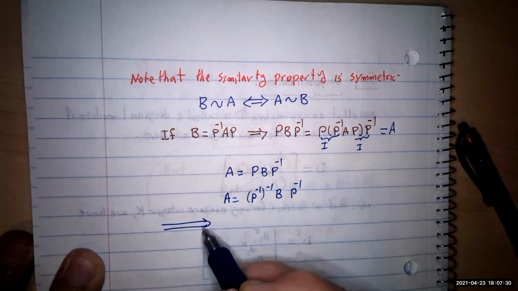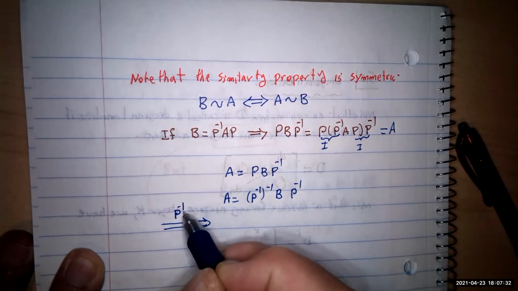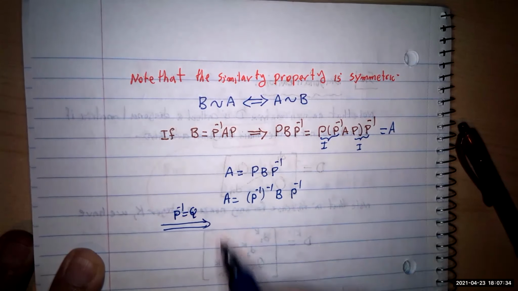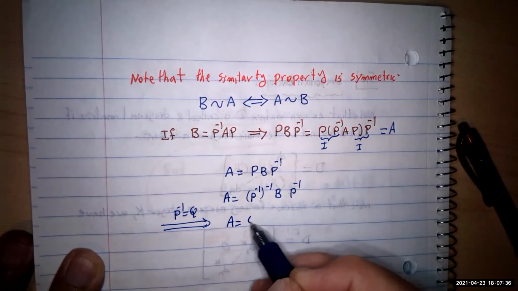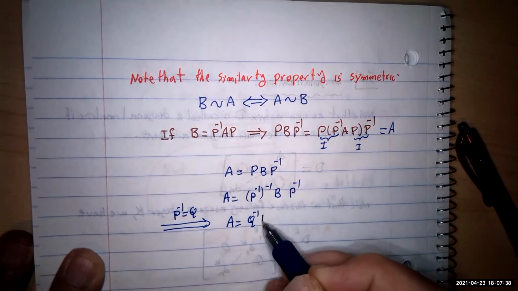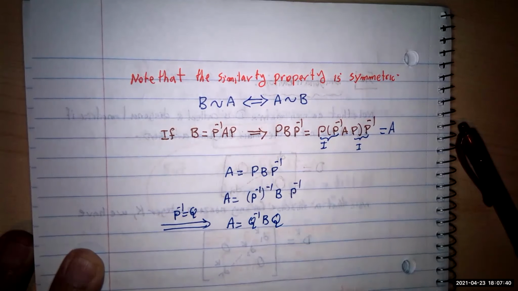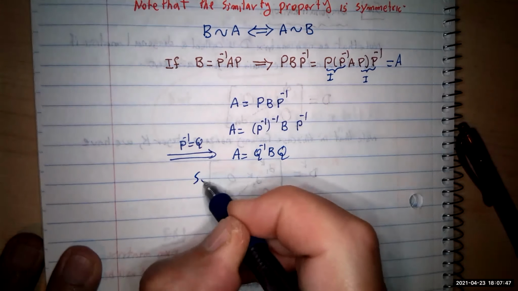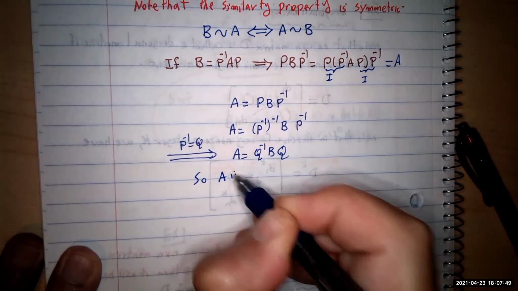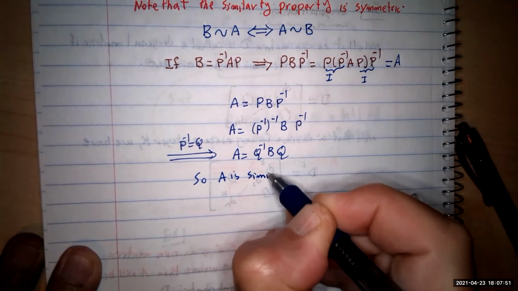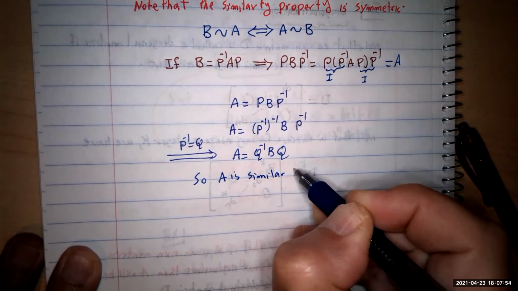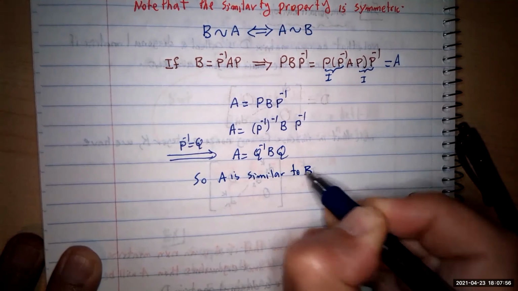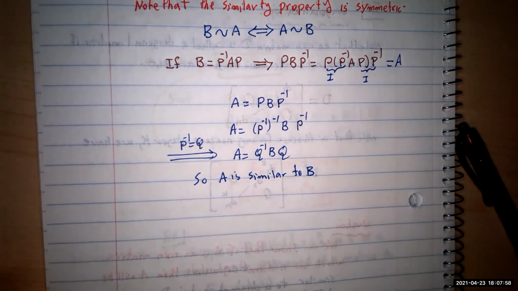Now you can call the P inverse something like Q. So now you have A equal to Q inverse BQ. You see, you just make up the formula for you. So this means A is similar to B. So when we use it, don't worry about which one you are going to write first.